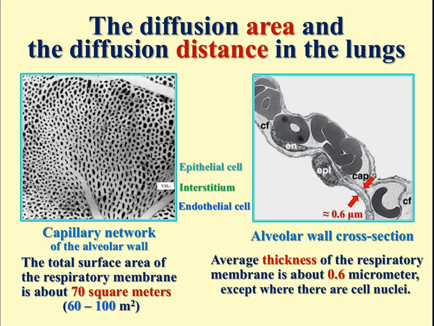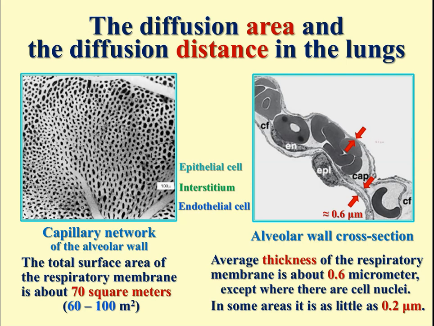It's maybe average, like in this place, but we can find even thinner areas. Of course, in the areas of the nuclei, it's a longer distance, but let's see. Here, for example, the distance is even smaller than usual, about 0.1 micrometers.